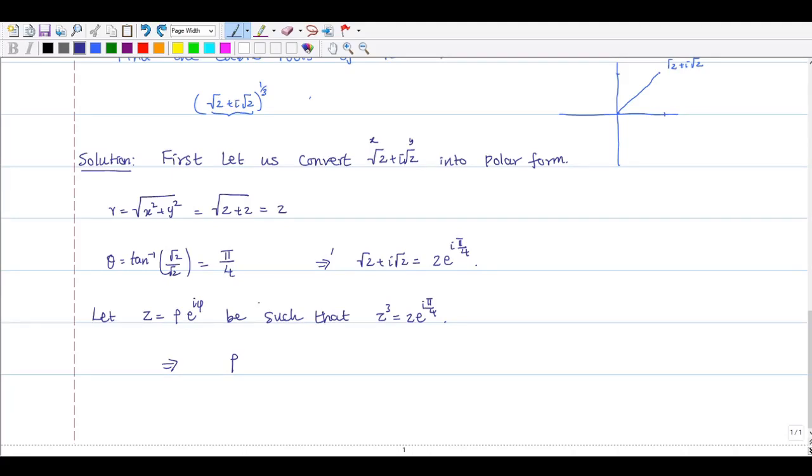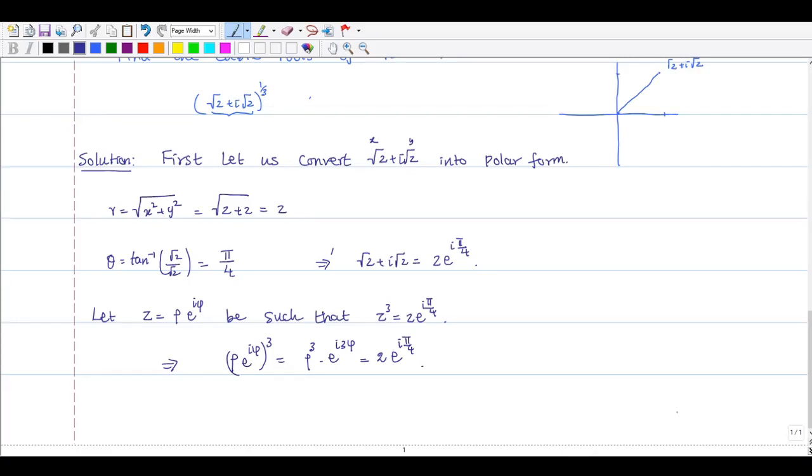So z is rho e to the power i phi, the whole cube, which is equal to rho cube into e to the power i 3 phi, which is equal to 2 e to the power i pi by 4.